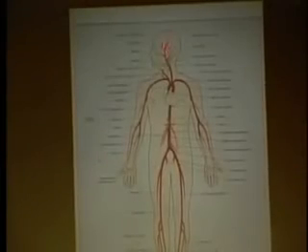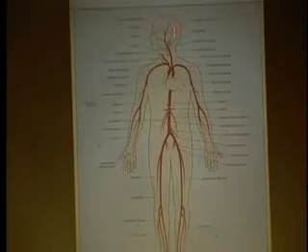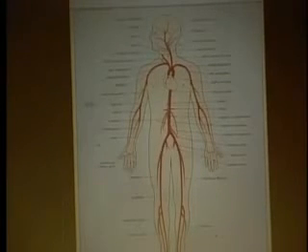Middle cerebral should be coming off here, supplying all of this. Does anybody remember what Broca's area was? It's language, motor speech. For me to be talking to you now, my Broca area is firing, and I want yours to fire too, so I can hear you.